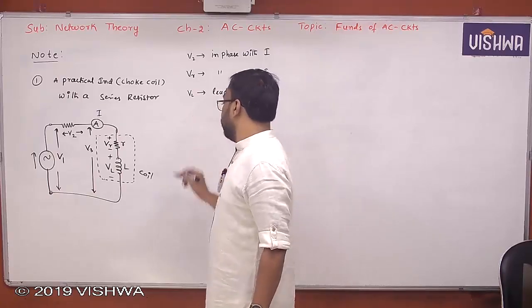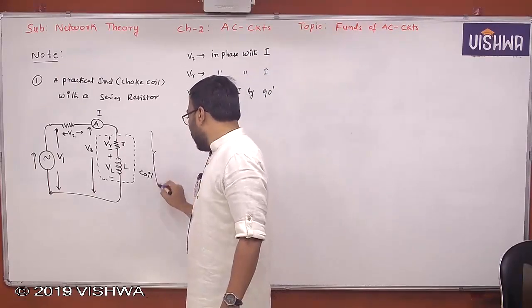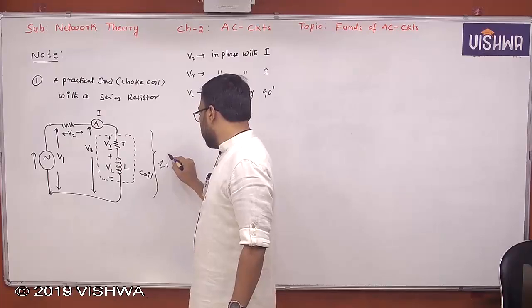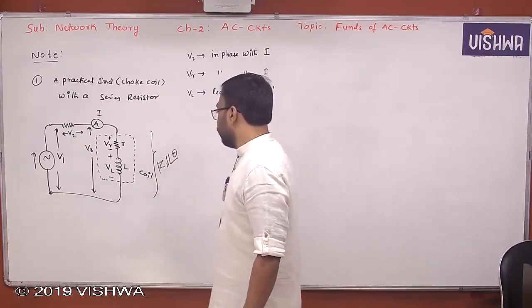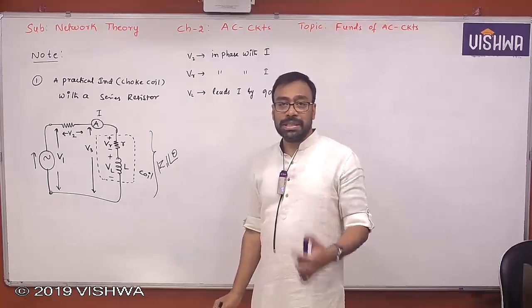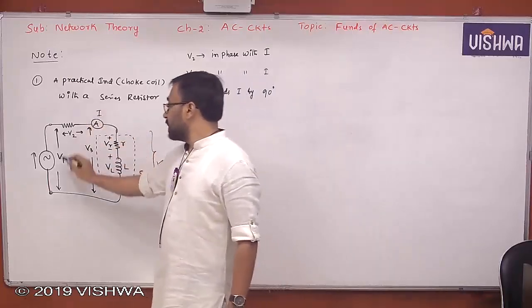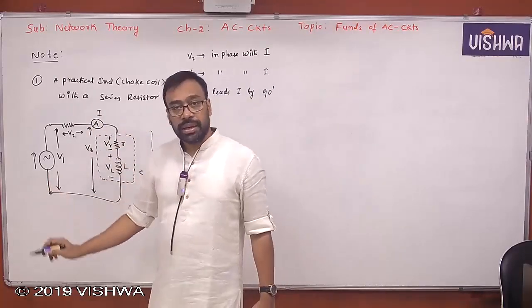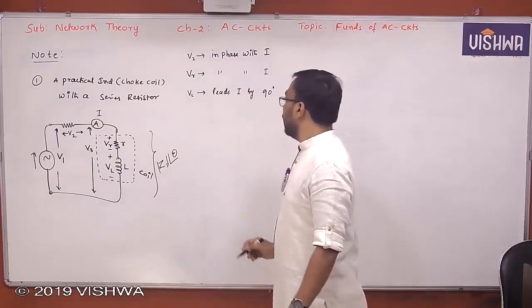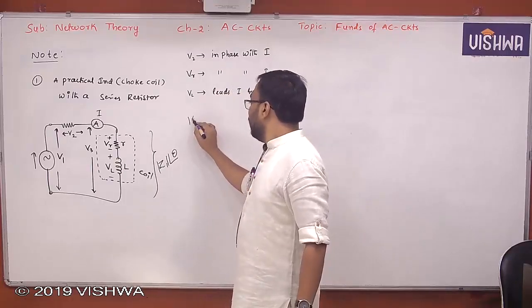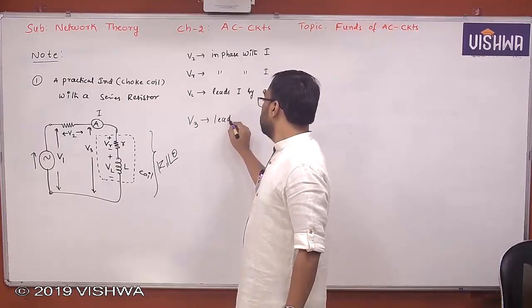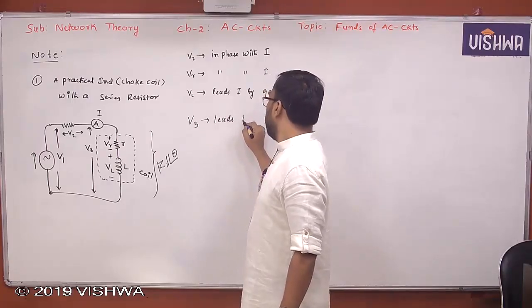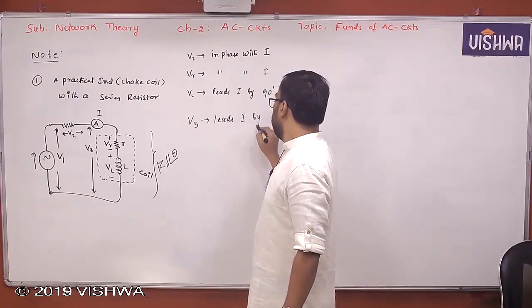Now V3. Assume that the coil impedance is something like Z1 at an angle of theta. The coil impedance is Z1, and the overall impedance, let us say, is Z. Now V3 leads I by how much angle?